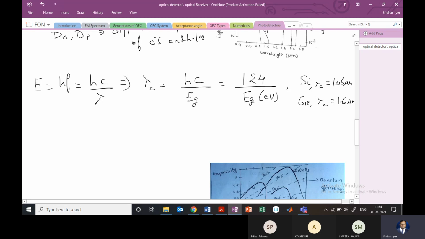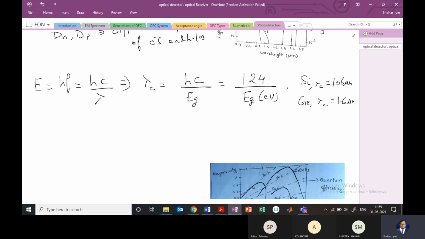So from that, it is clear that for longer wavelengths, photon energy will not be sufficient to excite an electron from valence band to conduction band. But we want to operate at longer wavelength, right? So if I operate at 1300 nanometer, the photon energy may be sufficient to excite this electron from valence to conduction band. Then I will get the conduction which I require.